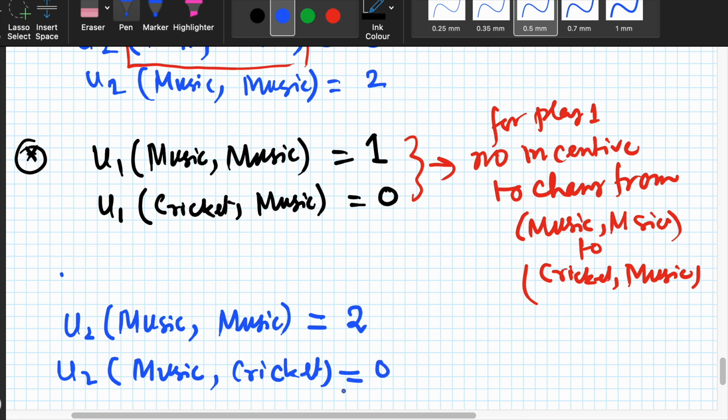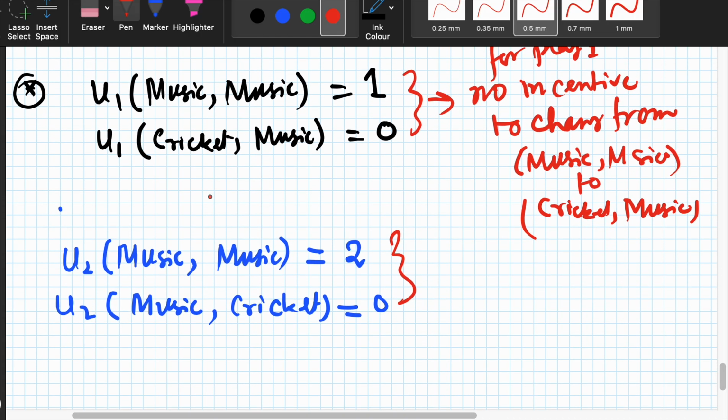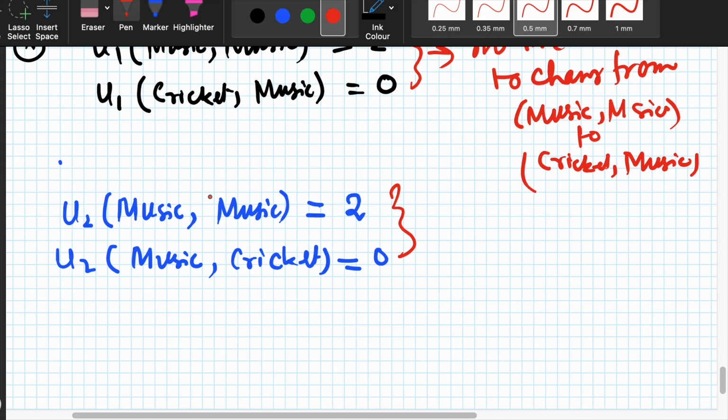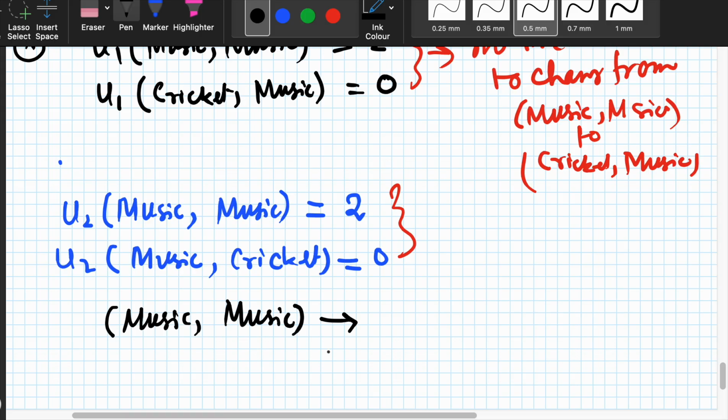So there is no incentive to change, because by changing her action from music to cricket, when the other player sticks to music, there will be no gain. So there is no incentive for player 2 to change from music unilaterally. So in the action profile music-music, there is no incentive for any individual to deviate unilaterally. So music is a Nash equilibrium.